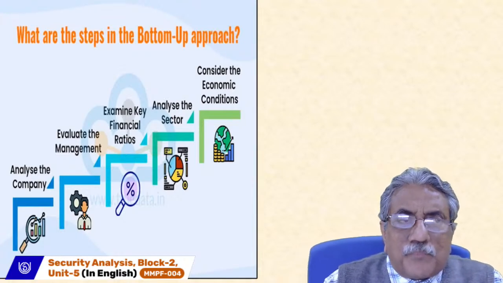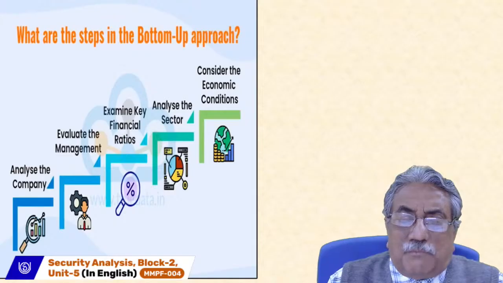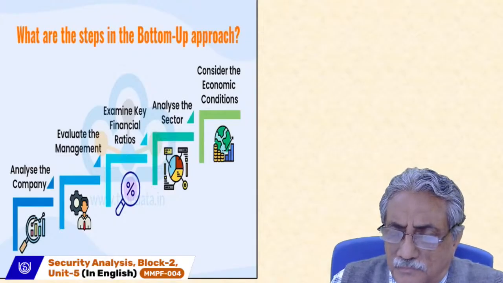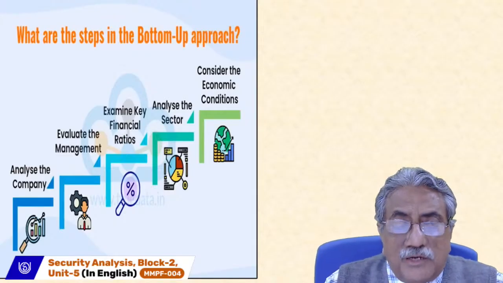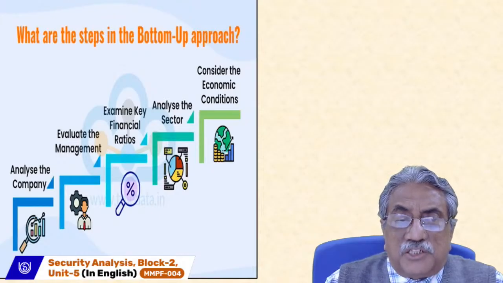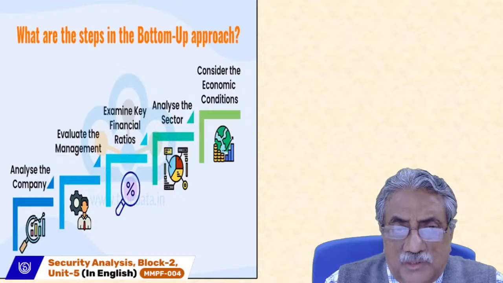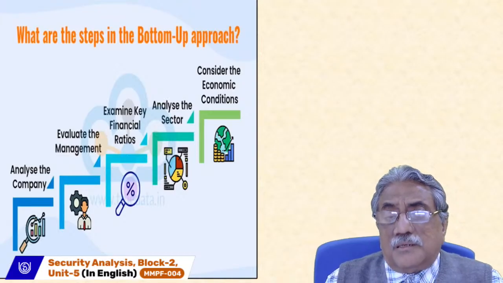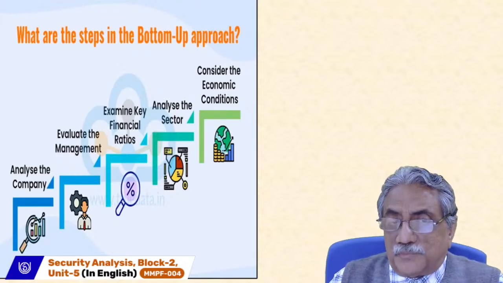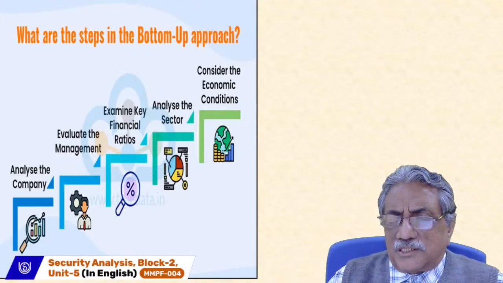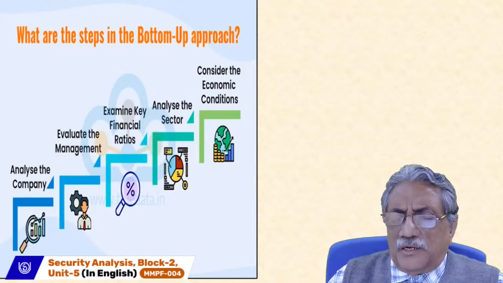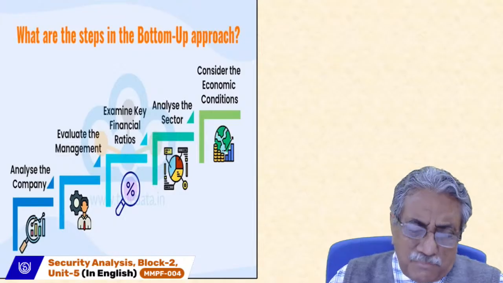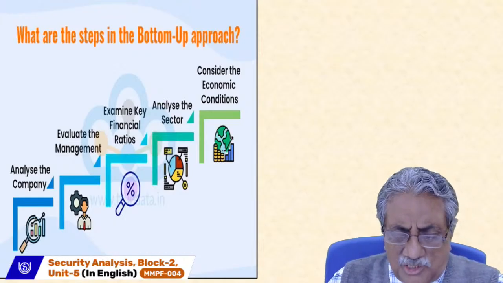In bottom-up, you analyze the company, then evaluate the management, examine the key financial ratios, analyze the sector, and consider the broad economic conditions. Now let us say I have identified Dr. Lal Pathlabs.